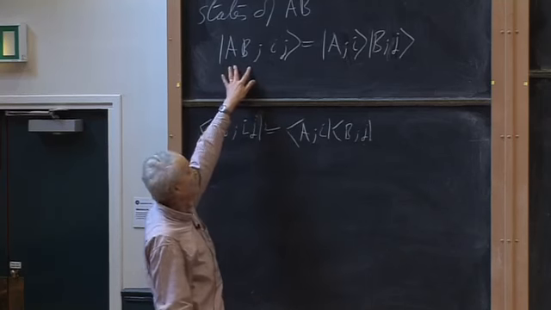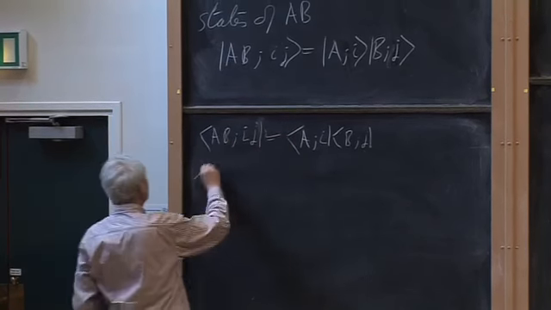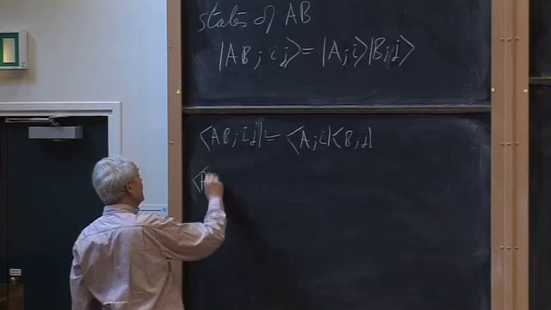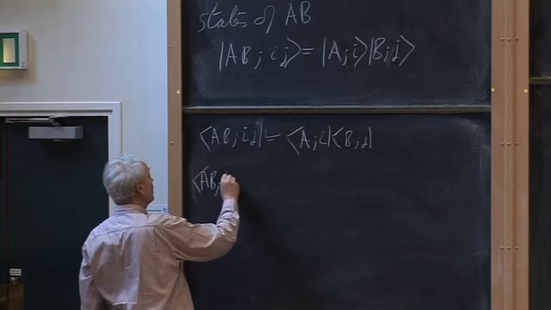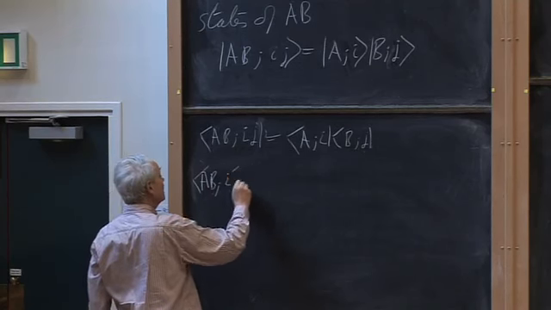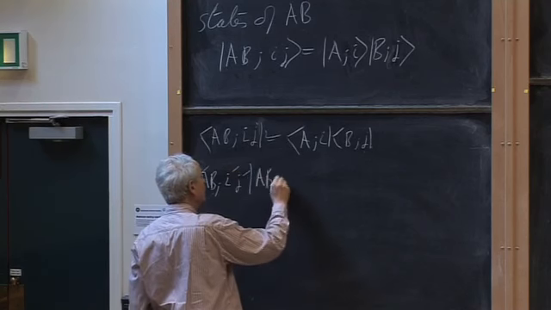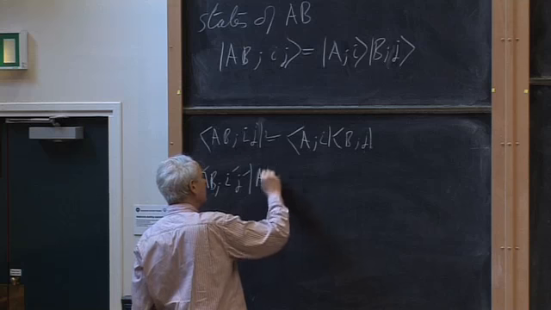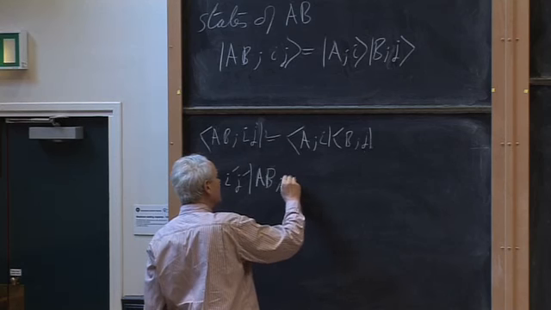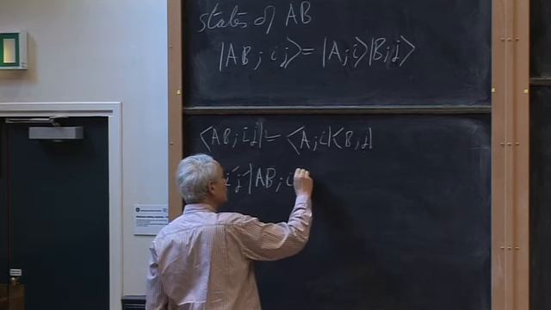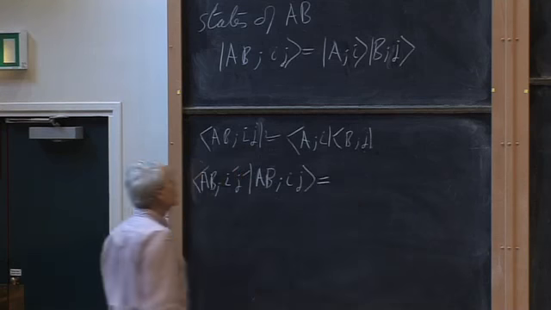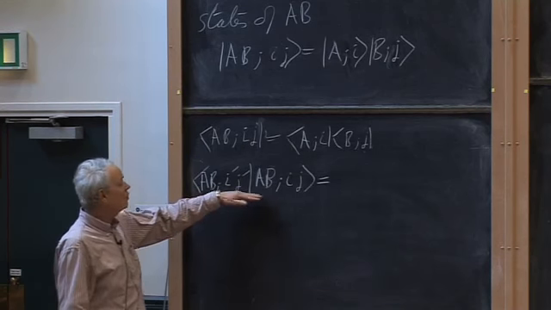When this goes onto this, we should get a complex number. So to give meaning to all this, I need to explain what this is: the bra I primed, J primed, on the ket I, J, is equal to, so this should be a complex number.